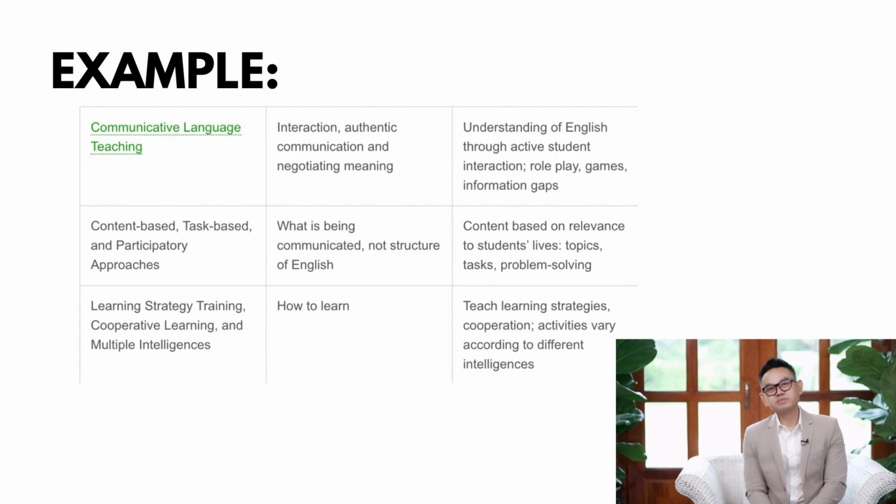Now, for some teachers, you may like to consider learning strategy training or cooperative learning and multiple intelligences. You know this one, right? Different learners have different personalities, different characteristics. Some learners may be good at seeing things. They will learn better when they see pictures, for example.